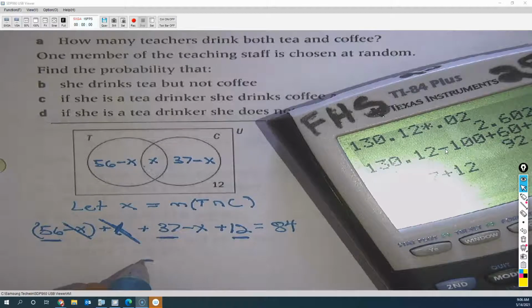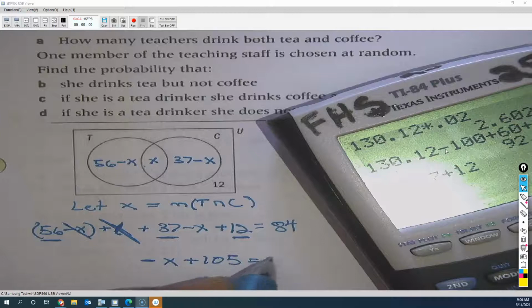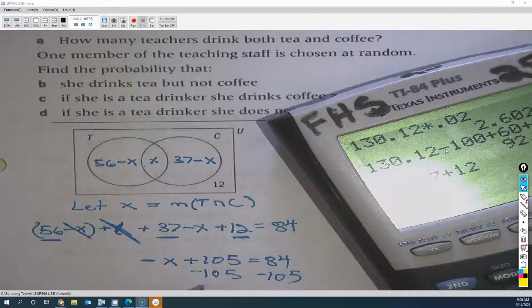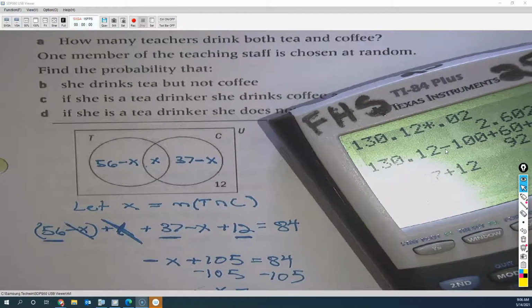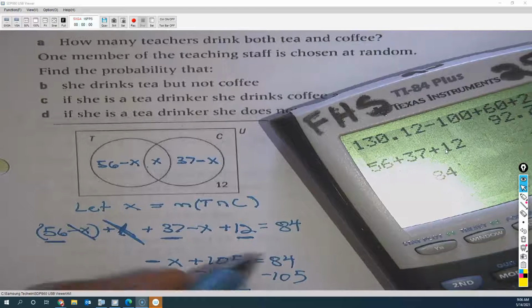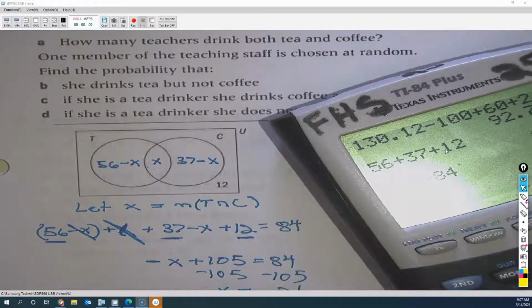So I get negative X plus 105 equals 84. Let's see, 105 take away 84, negative X is negative 21.